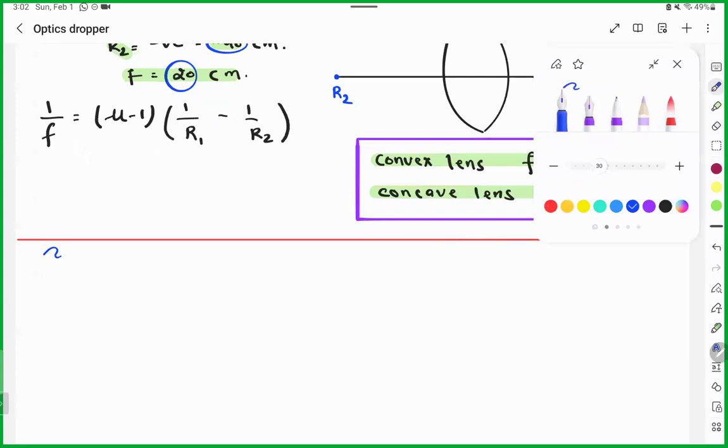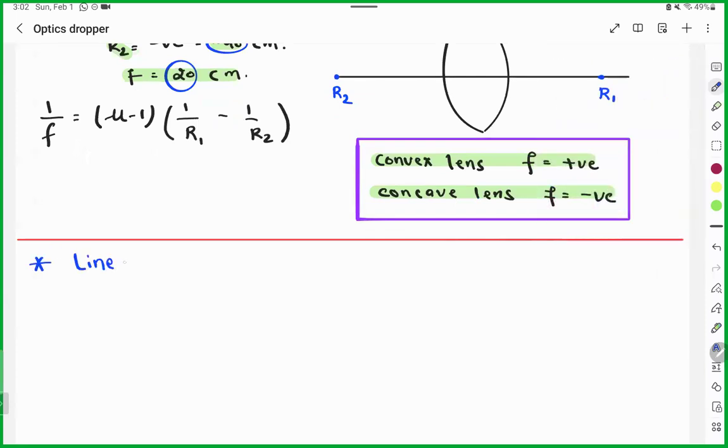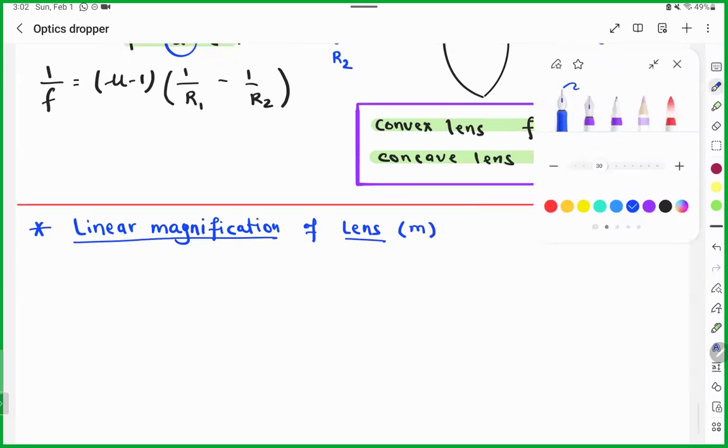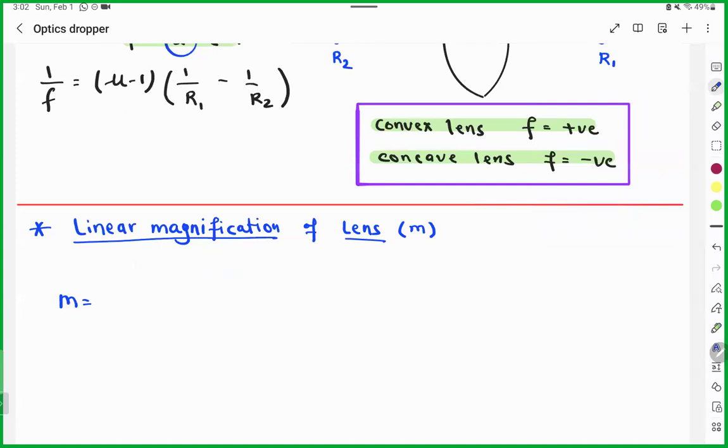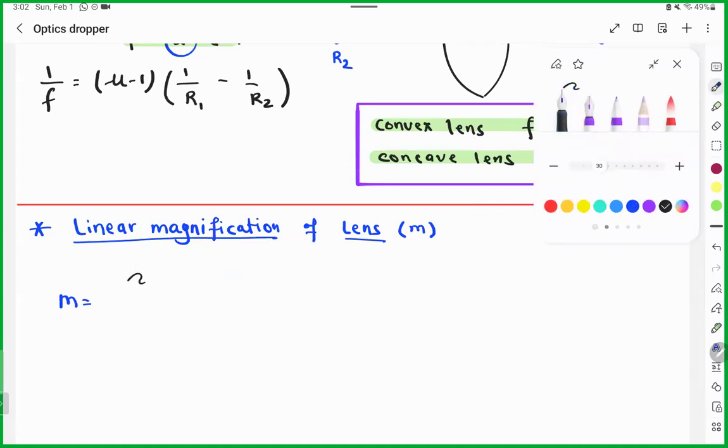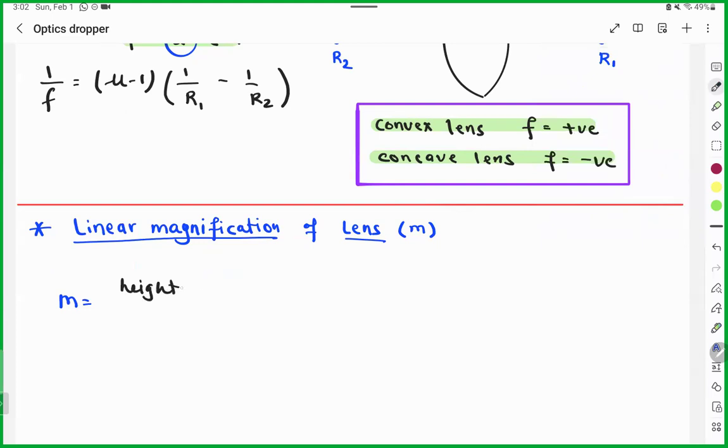Linear magnification of the lens. It is almost like the linear magnification of the mirror. Linear magnification of the lens or by the lens, both are correct. In the simplest terms, magnification is equal to the height of the image, hi, divided by the height of the object.